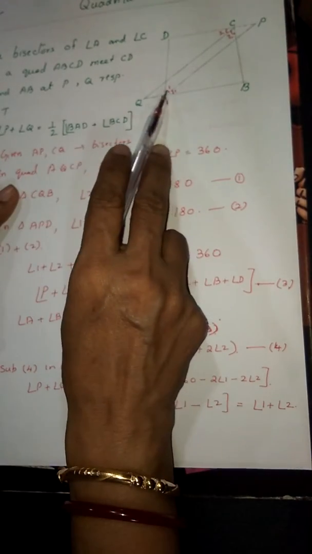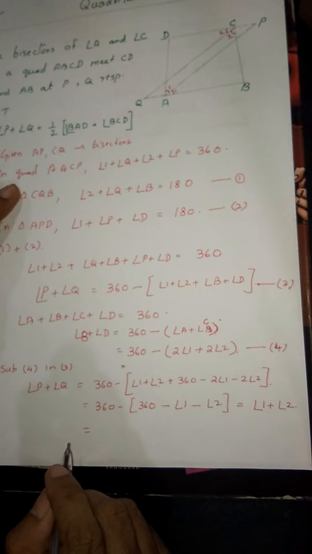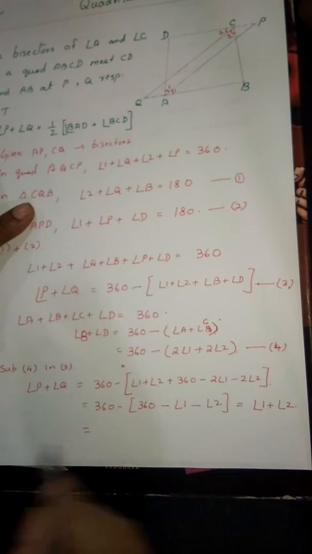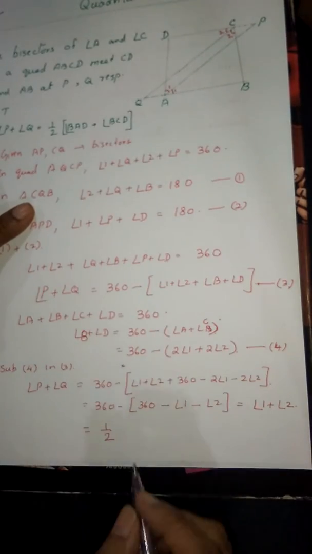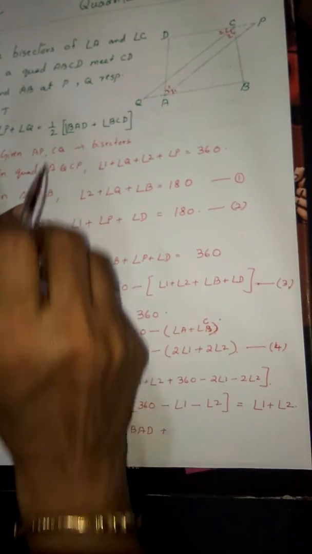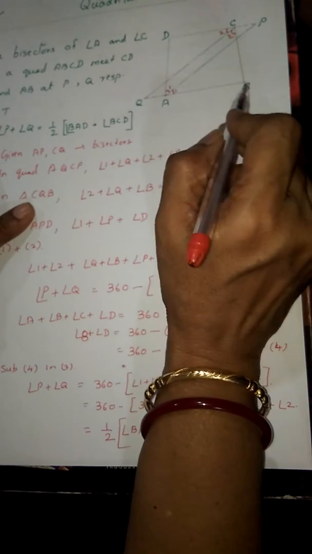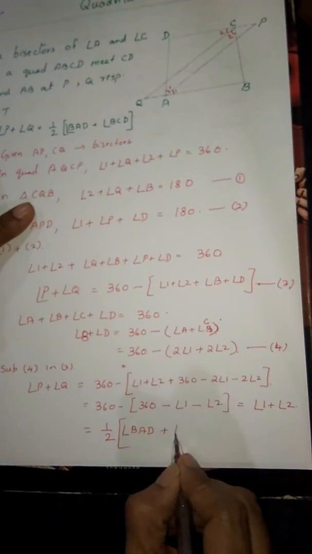So we can write angle 1 as half of angle BAD plus half of angle BCD.